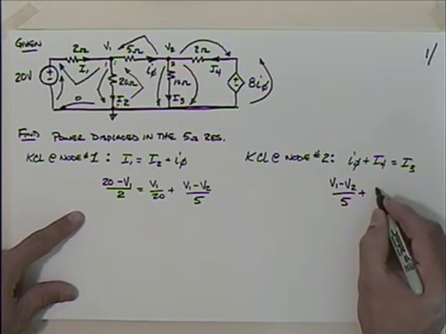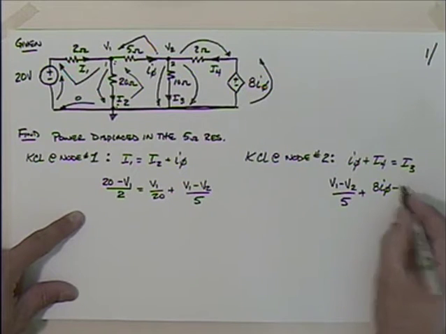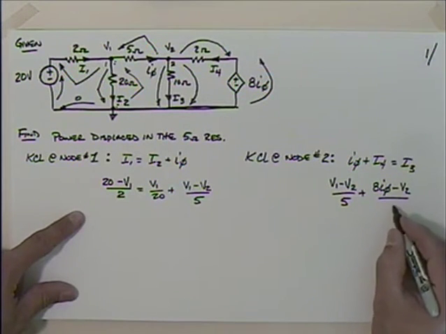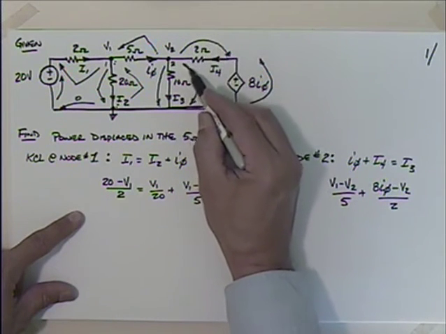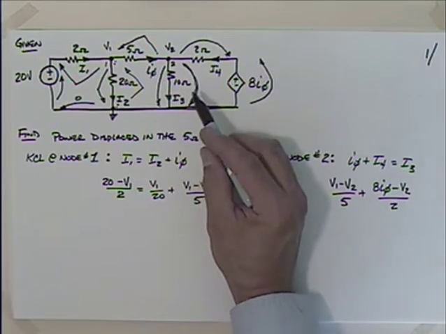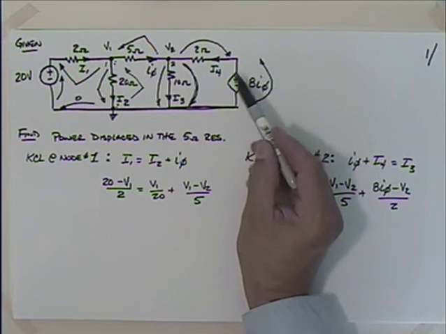So 8 I phi minus V2 divided by 2. Does that make sense? Going from there to there would be the same as going from there to there, which is minus V2, and then there to there, which is plus 8 I phi.